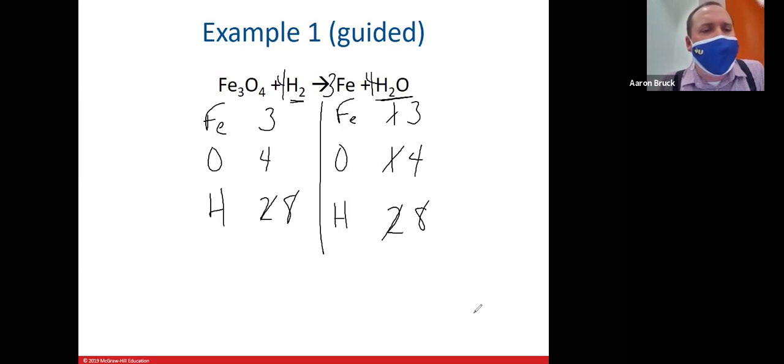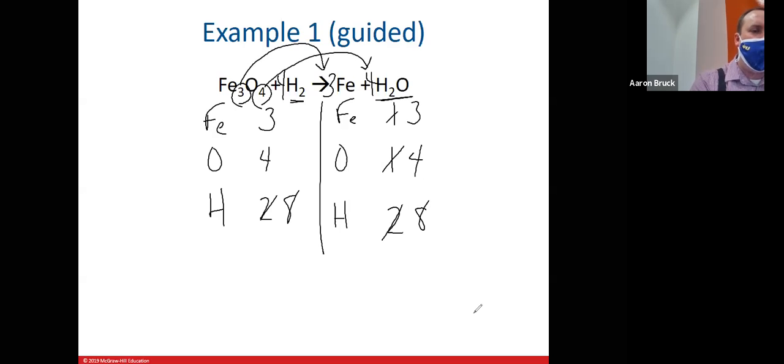Now, one other tip that I can give you that does tend to help often here, if one of my substances has multiple subscripts, one of the things that I can do to expedite the process, make it a little bit faster, is that oftentimes those subscripts end up showing up as coefficients on the other side of the equation.